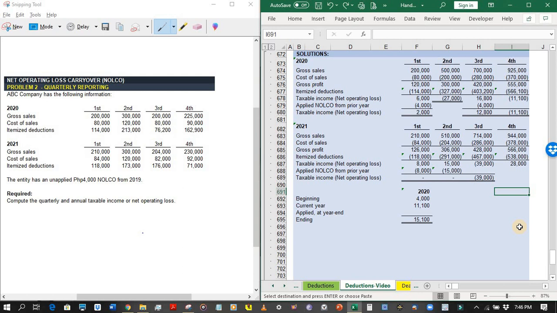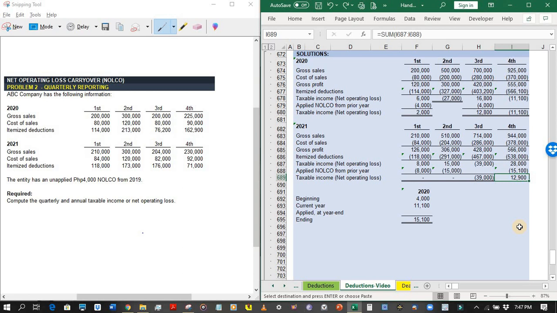And since this is already the final figure for the year, we can now apply the final amount of NOLCO against 28,000 because this is already the annual income tax return. And again, our available balance is 15,100 pesos. So out of 28,000 pesos taxable income, only 15,100 NOLCO can be applied because our available balance is only 15,100 pesos. So which means that we have a taxable income for 2021 of 12,900 pesos.